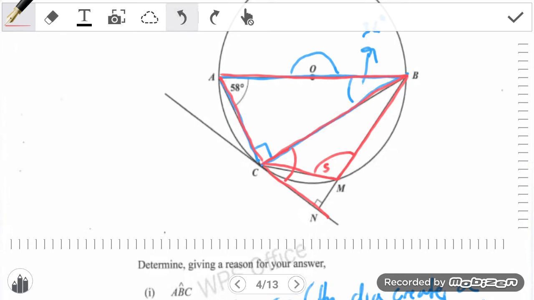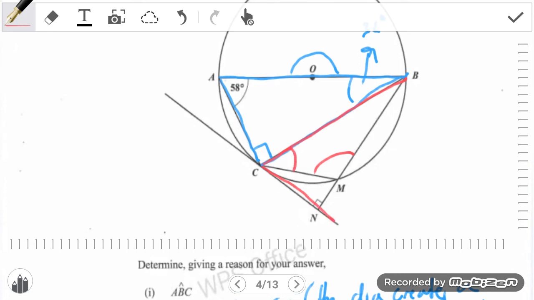Let's go back through that again, guys. Surely you want a repetition of that. Alright, so let's look carefully here. We have a chord CB, and the chord CB creates an angle with the tangent CN.